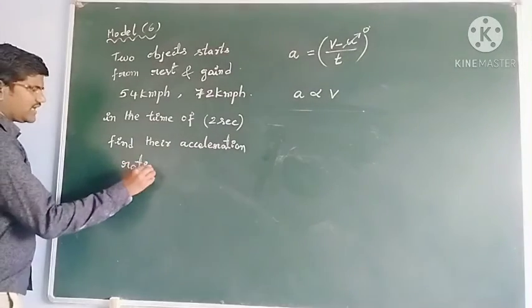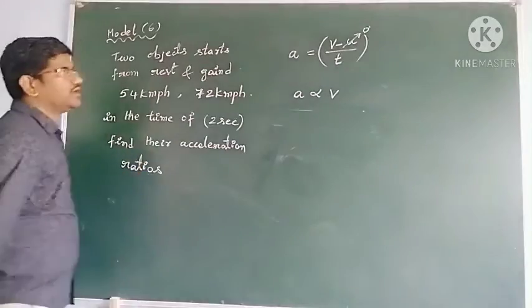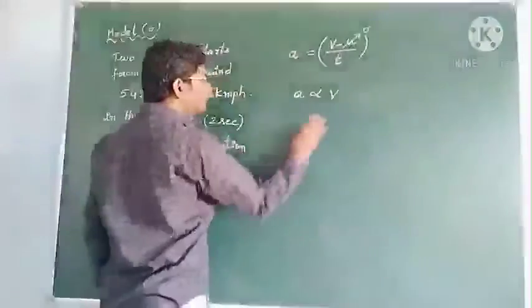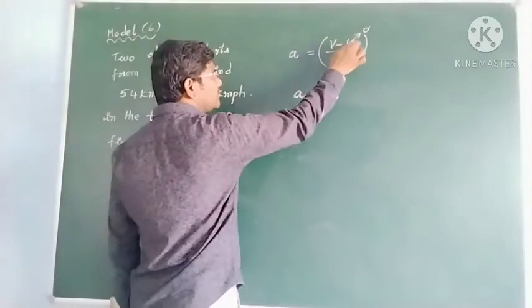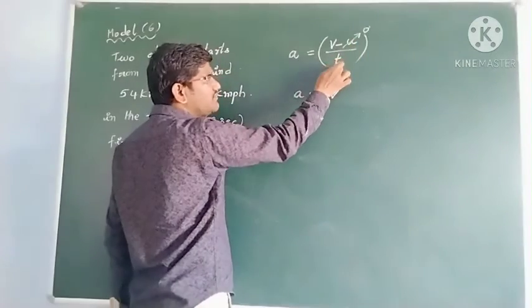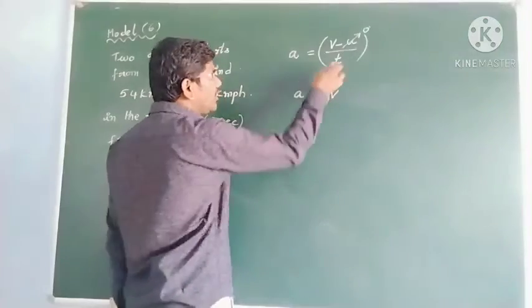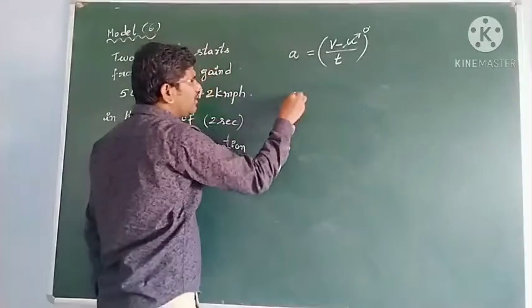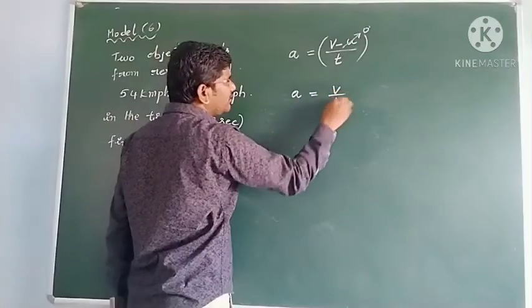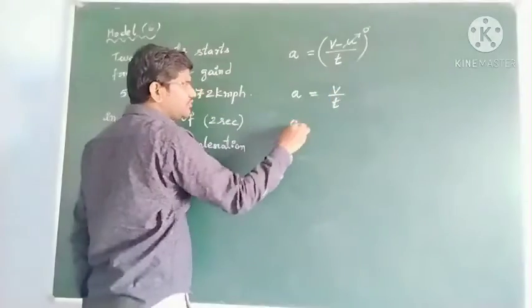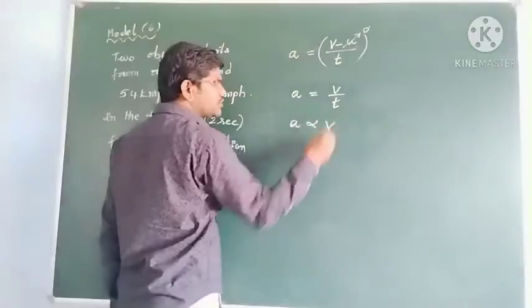Because both objects start from rest and have the same time, the time is also constant, so we get the formula a is equal to v by t. This is the constant, so a is directly proportional to v.